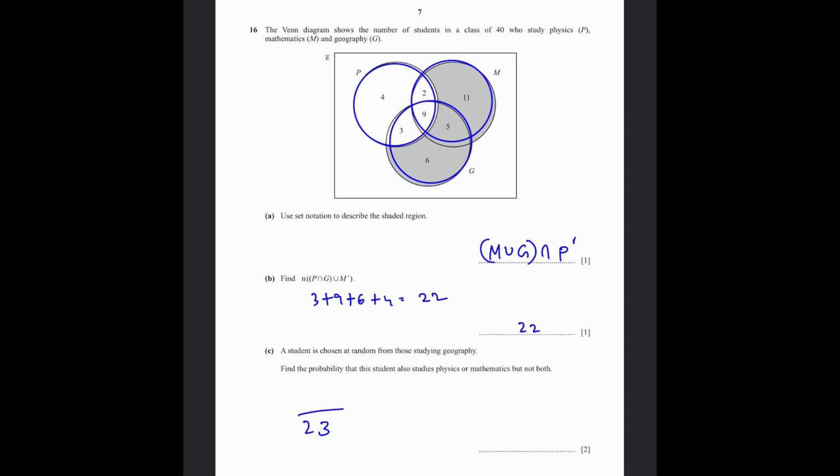We need to not include that, so we can take out the 9. Now, we need it to be either physics or math plus geography. So we cannot have only geography, so we take this out as well. Now we have geography physics, this one, geography math, this one. That's 3 and 5 respectively. 3 plus 5 by 23. That means 8 by 23. That's the answer.